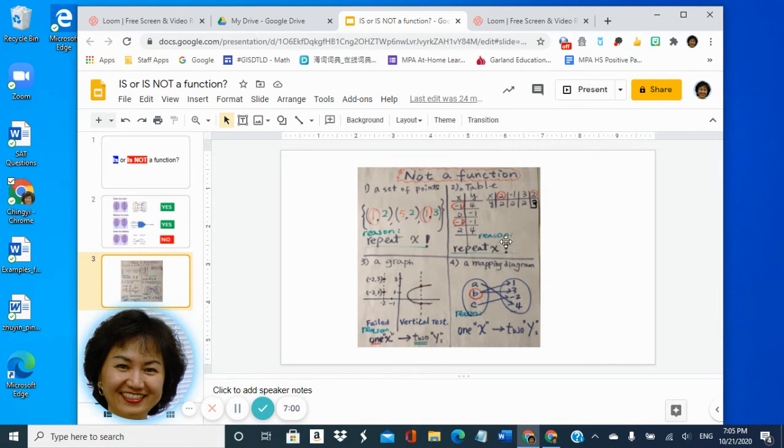Look at the second example. This is a table. Same thing. We are looking for repeated x. We see we have -1 repeated. We are sending -1 into it 2 times. The first time we send -1 in, we get 4 out.